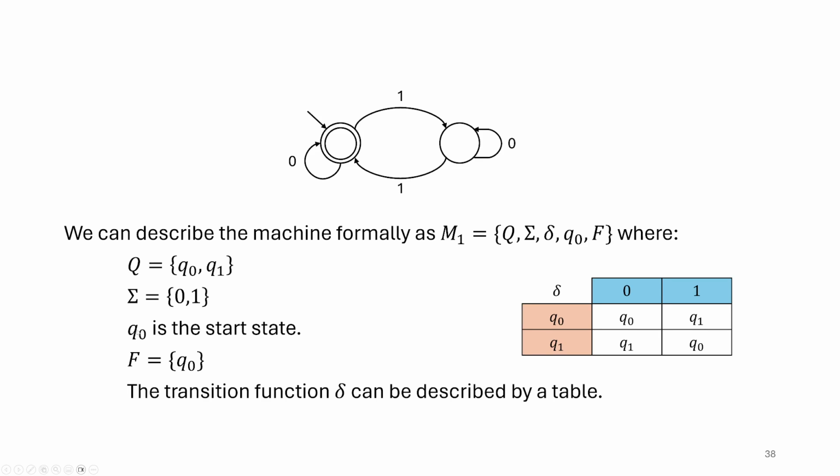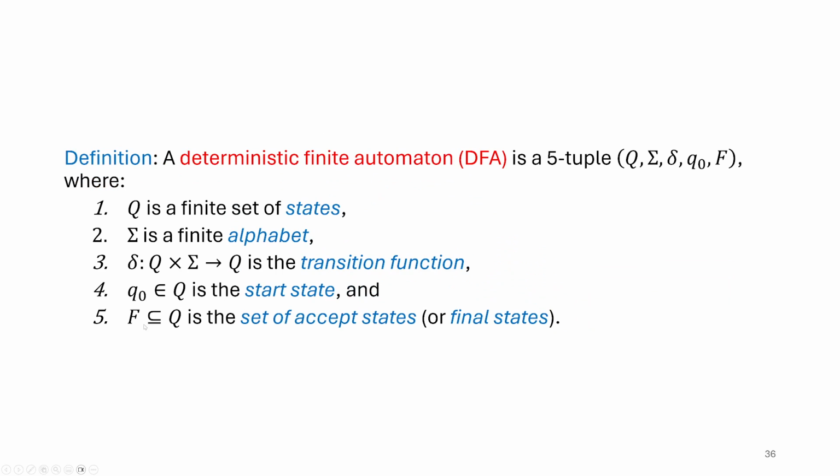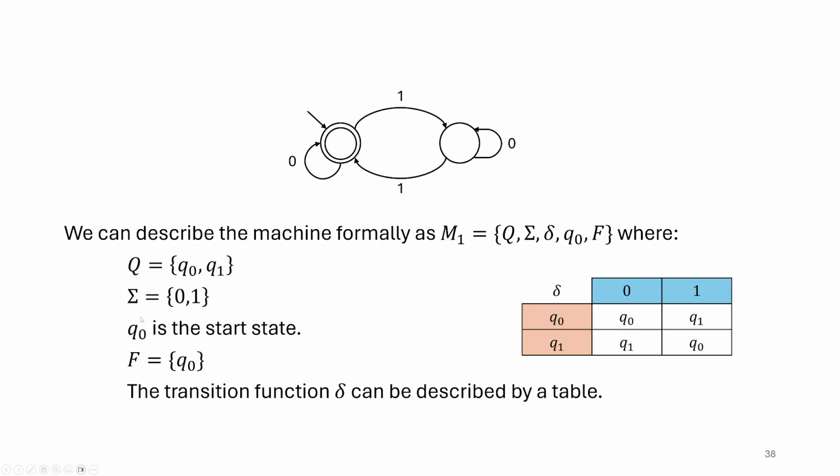This is just stating the state, whereas this is stating a set containing that state. And why was that? Well, let's go back to our formal definition. Remember, it was that subset definition here. So this set F has to be a set, and that's why we put the curly braces around it, even though there's only one state inside.